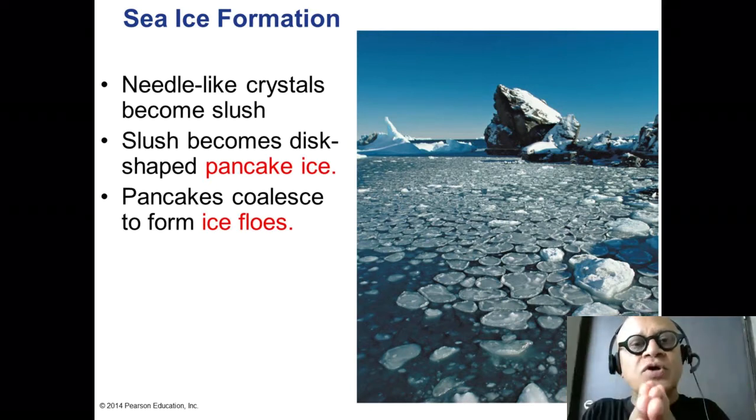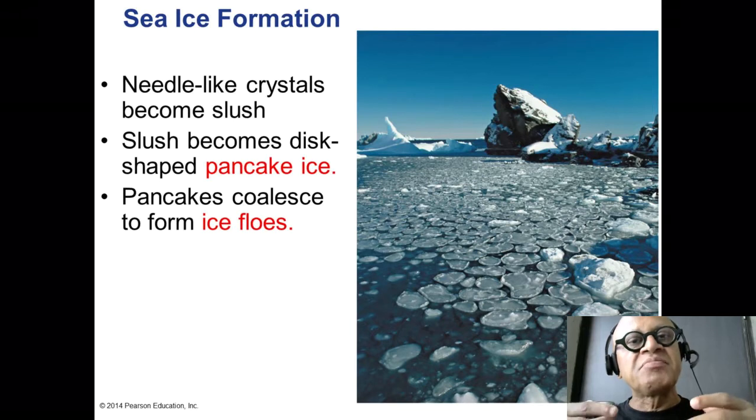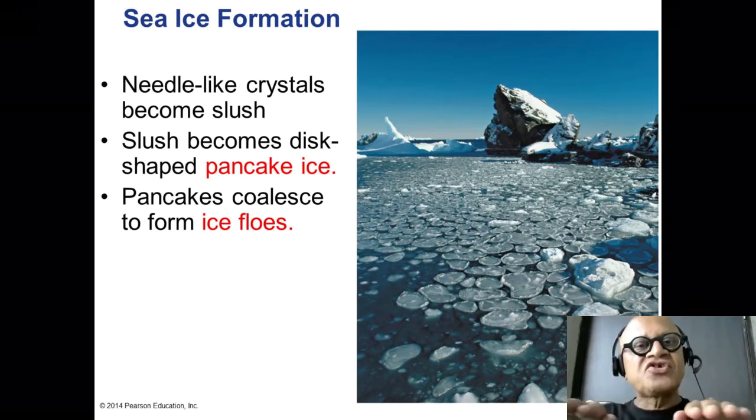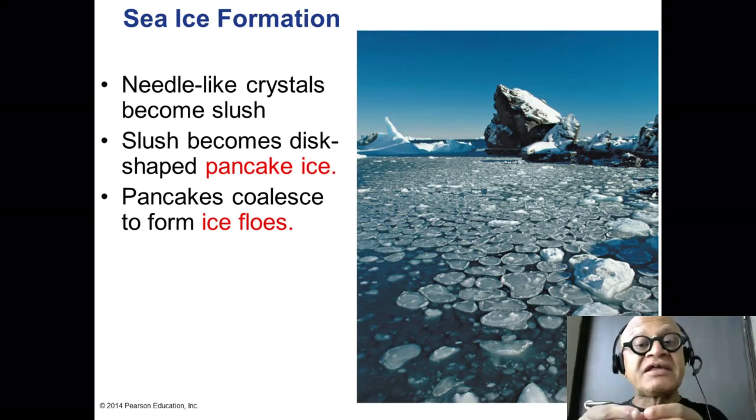They begin to hit each other and form slush, and slowly the slush begins to protect against further heat loss from the ocean, because it's a good insulator. Like the igloos, people live under ice because ice is actually a good insulator, and they begin to accrete and form what are called pancake ice.